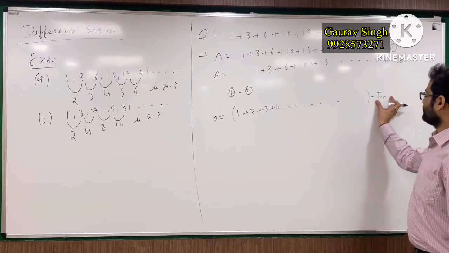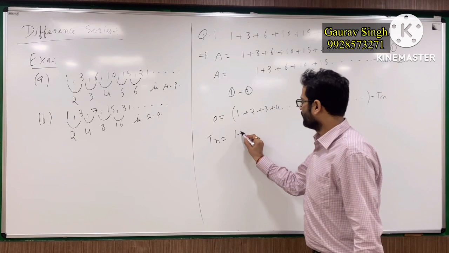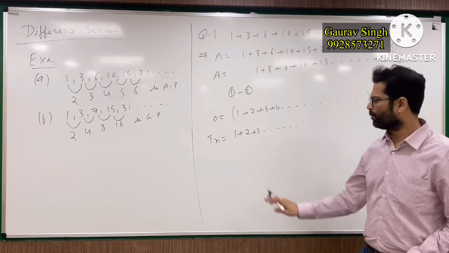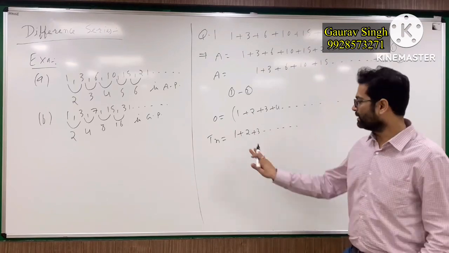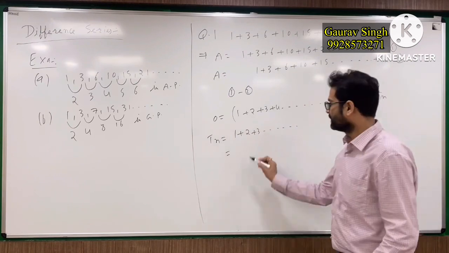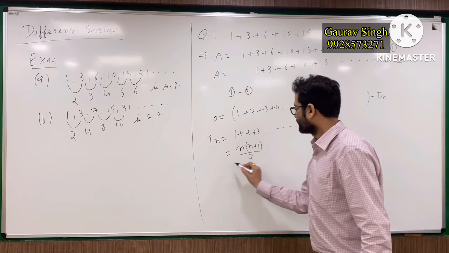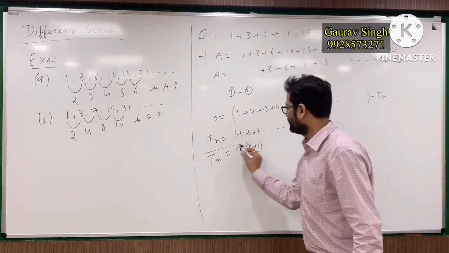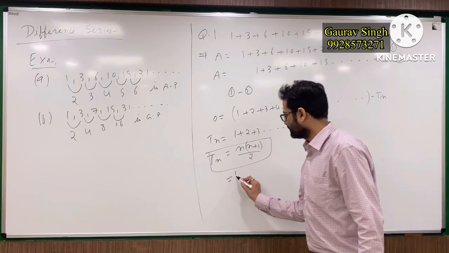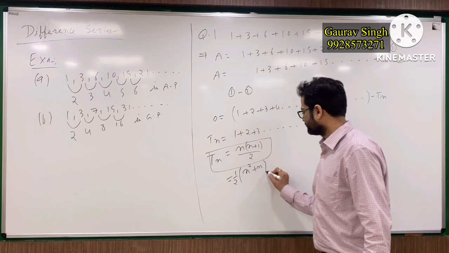Then we transfer Tn, and we get Tn equal to 1 plus 2 plus 3 up to n terms. We all know the sum of n natural numbers is n into n plus 1 upon 2. So we find the nth term of the series, which after multiplication comes 1 by 2 n square plus n.